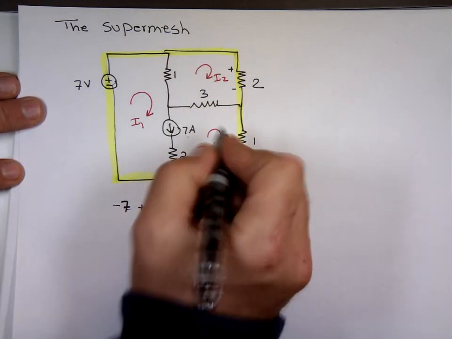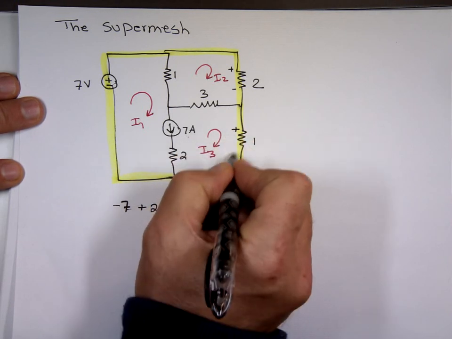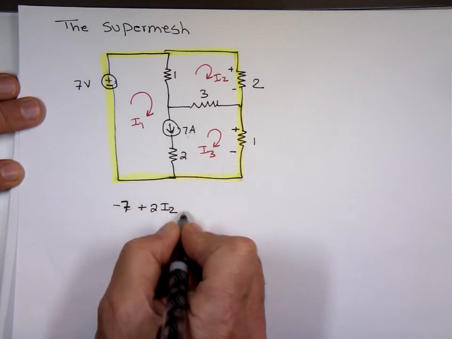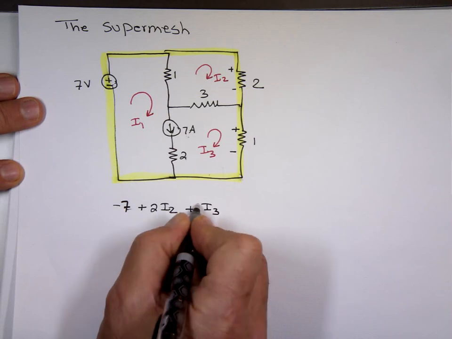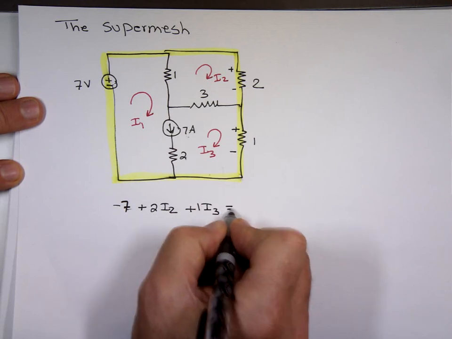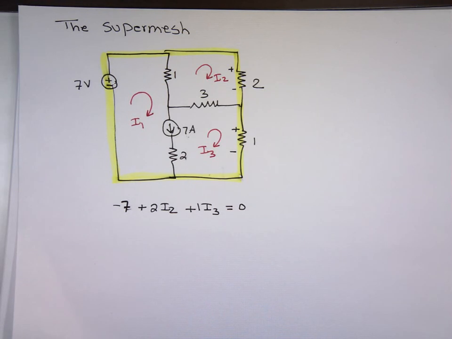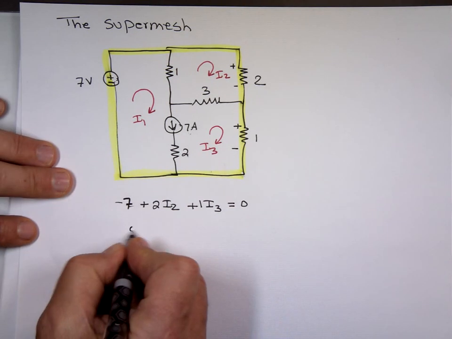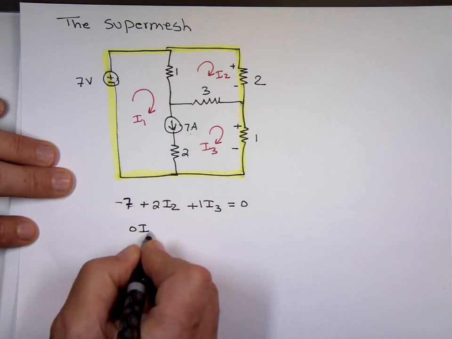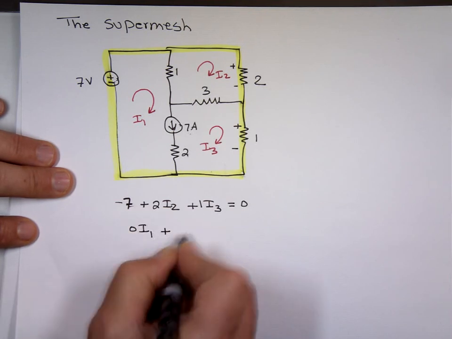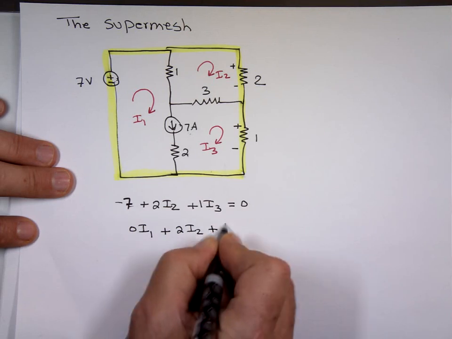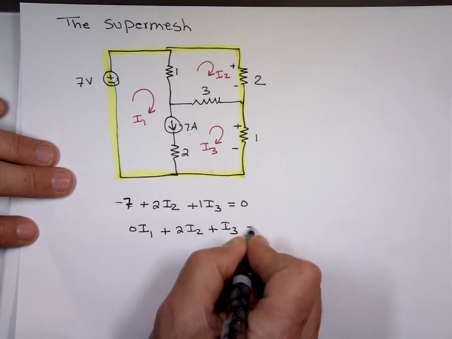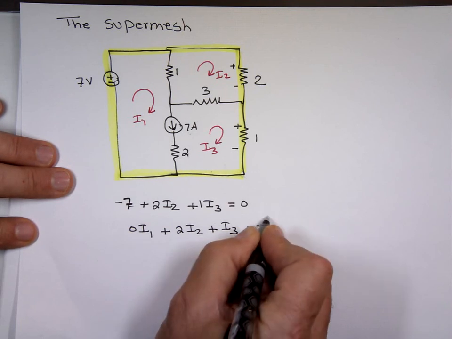Keep coming down. This current's going to mark it plus to minus, 1 times I sub 3, should equal 0. There is no I sub 1, so I'll make that 0 I sub 1. Plus 2 I sub 2 plus I sub 3 is equal to 7. That is my first equation.